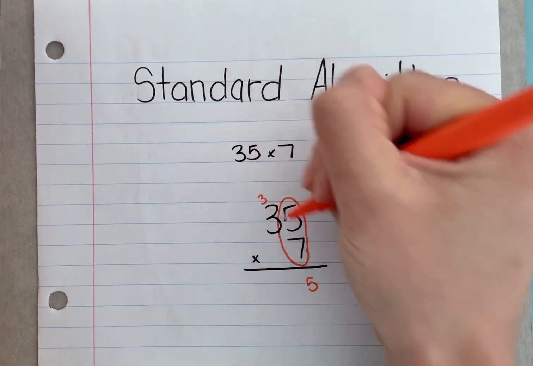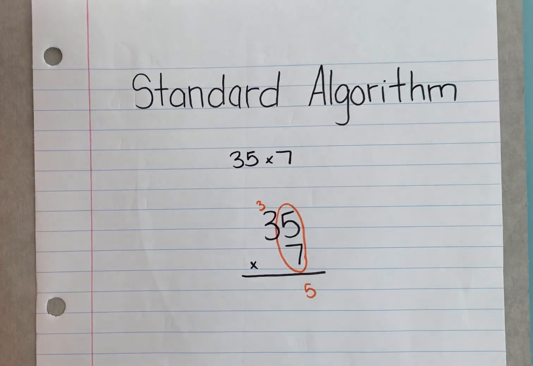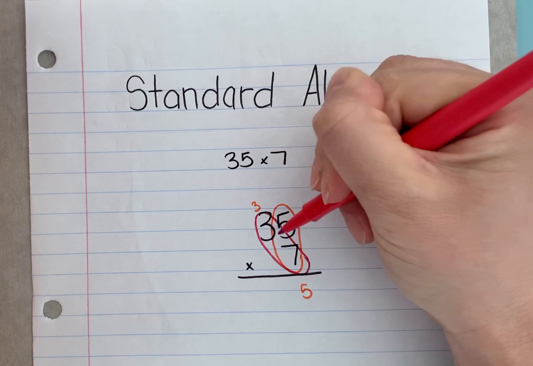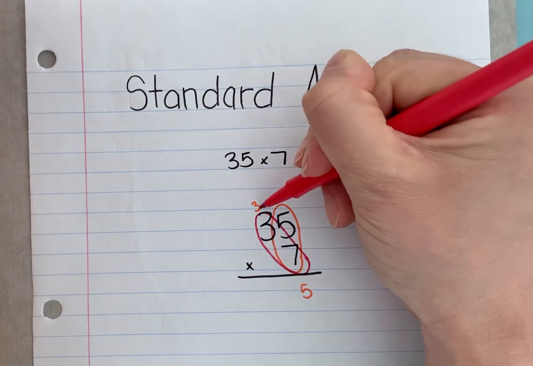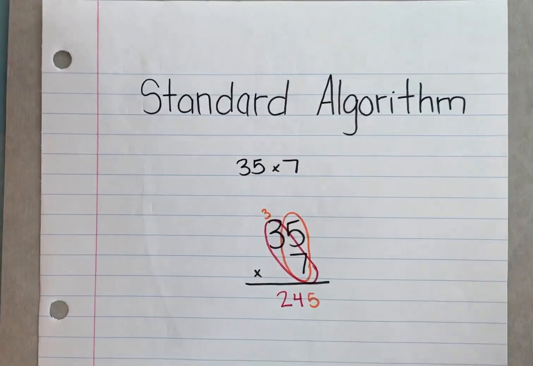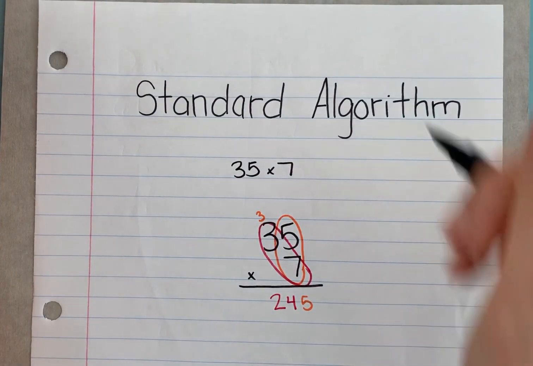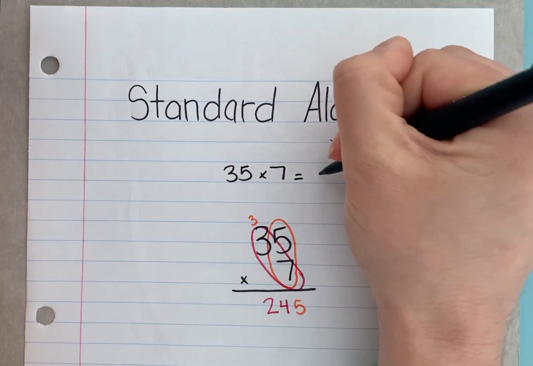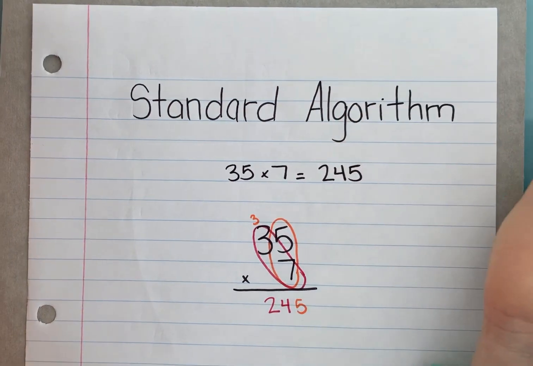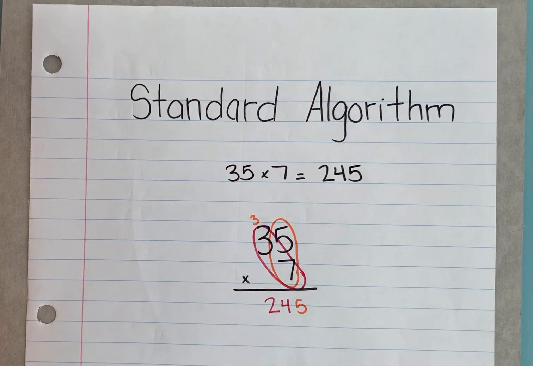Carry my 3. 7 times 3, make sure I go that way too. 7 times 3 is 21, 22, 23, 24. And my answer is 245. You can check that with the box method if you want to make sure.